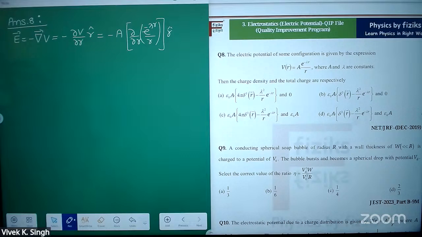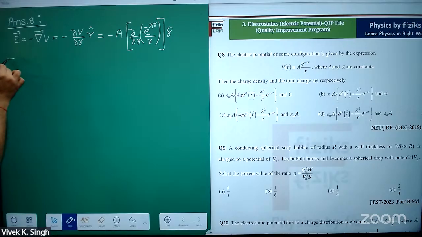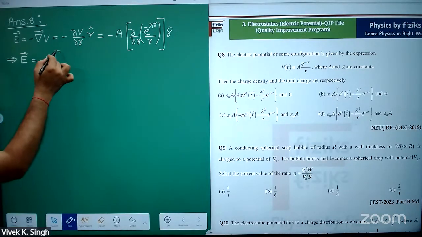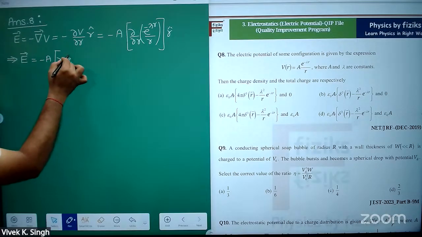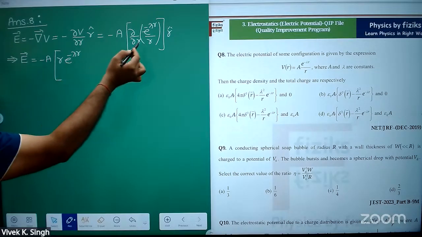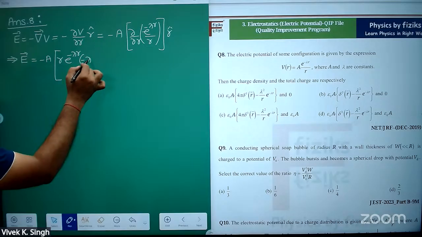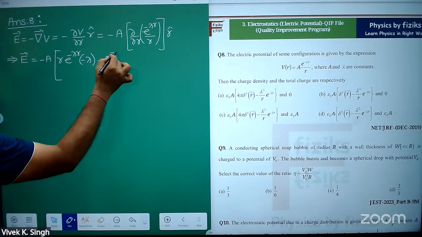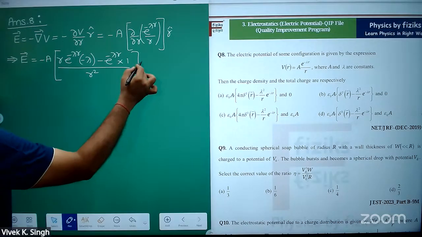So let's differentiate it. E is given by minus A. So you have R exponential; differentiate the numerator, then the denominator times the differential of this, and this will be minus lambda, minus, into 1 by R square, R cap.